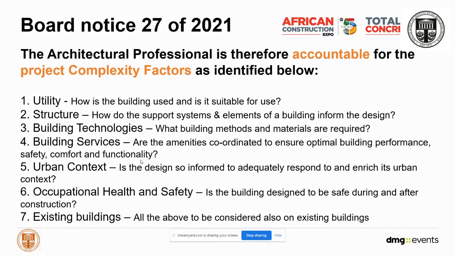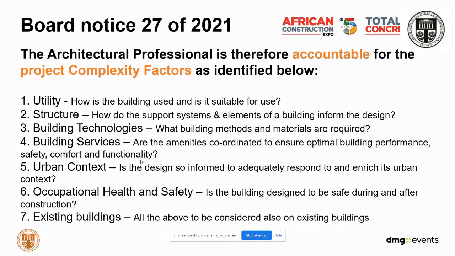And so another part of the complexity factors is the building services. We have to consider whether the amenities in a building are coordinated in such a way that they ensure that the building performs adequately, is safe and comfortable, and functions in the way that it is designed to function.